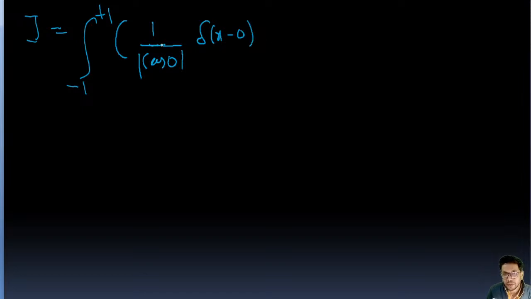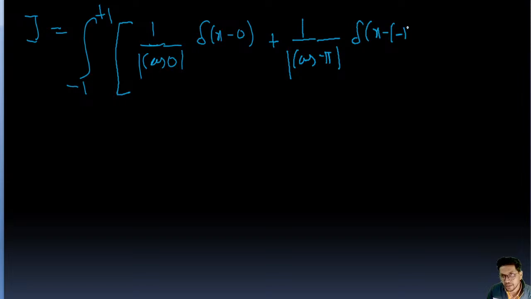Okay, this is the one. Plus, now we'll put n equal to minus 1. So it is 1 upon cos of minus pi mod delta x minus pi.